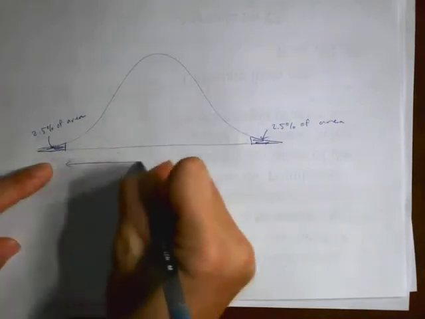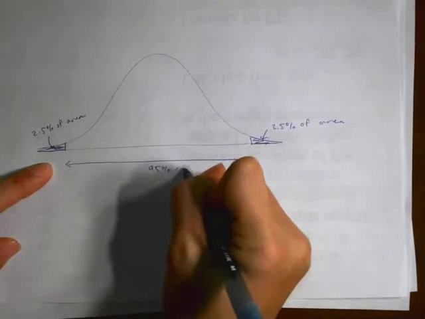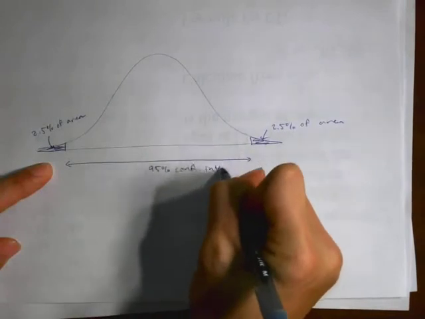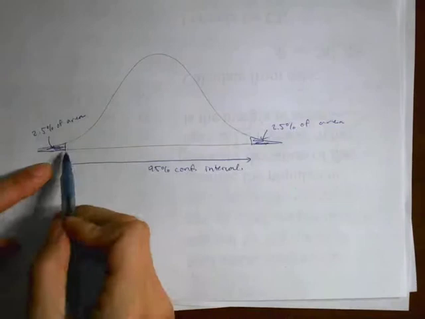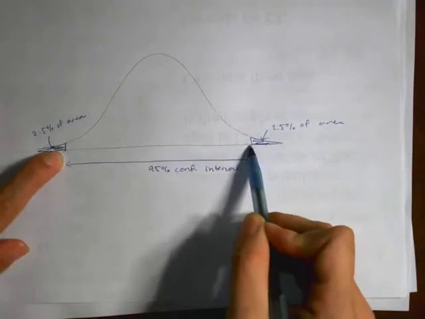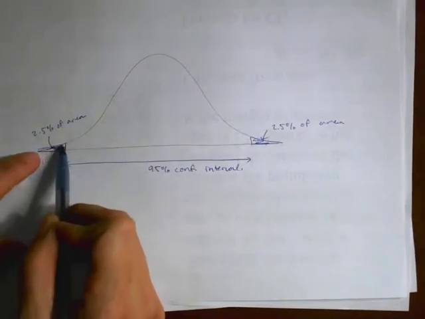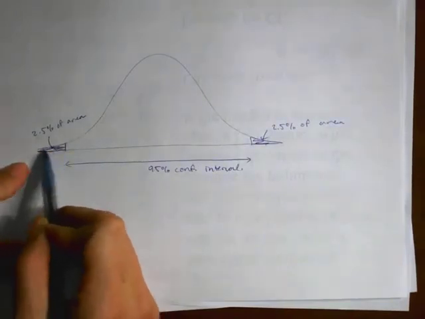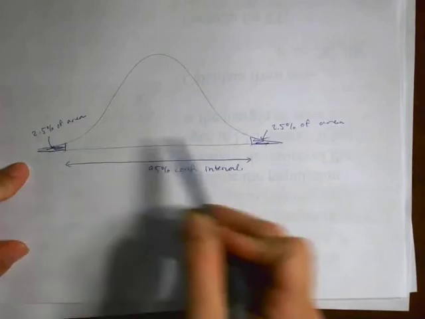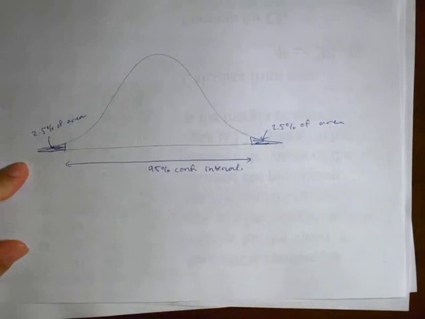Which means that this range right here is my 95% confidence interval. Right, it's the area under the curve that extends from this left-hand critical value up to this right-hand critical value. The left-hand critical value goes to this side here, where there's only 2.5% of the data to the left of it, and 2.5% of the data to the right over here.